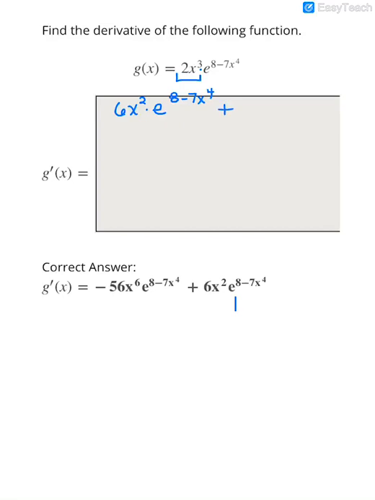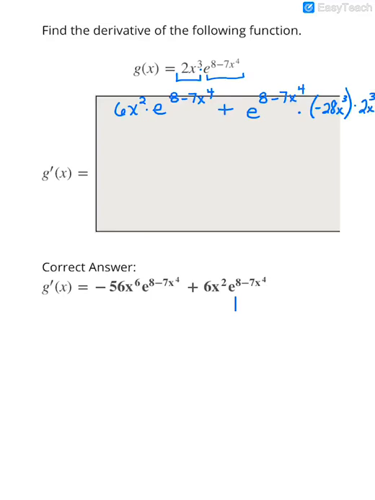And then we say plus, and we take the derivative of the second term, which is this e. So the derivative of e to a power is e to the power. So I get e to the power of 8 minus 7x to the fourth. And then it's multiplied by the derivative of that power. So the derivative of that power is negative 28x cubed. And then all of that is multiplied by the first term, which happens to be the 2x cubed.